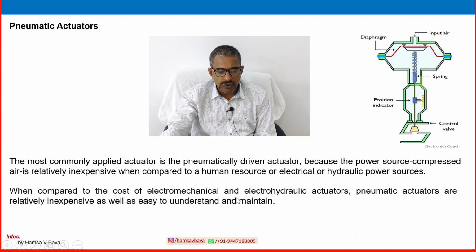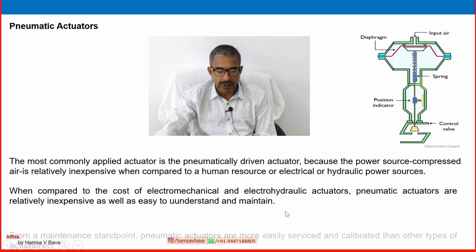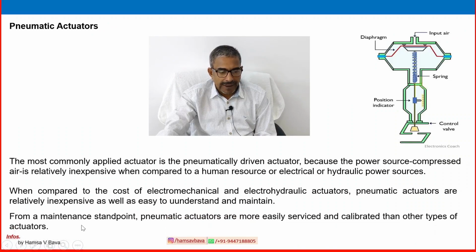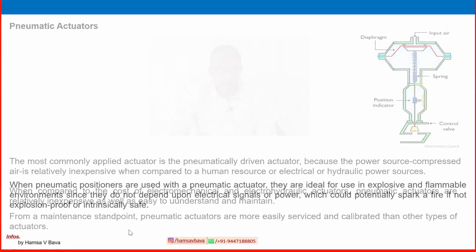Compared to the cost of electrochemical and hydraulic actuators, pneumatic actuators are relatively inexpensive as well as easy to understand and maintain. From a maintenance standpoint, pneumatic actuators are more easily serviced and calibrated than other types of actuators. That is one good reason they are used so commonly.